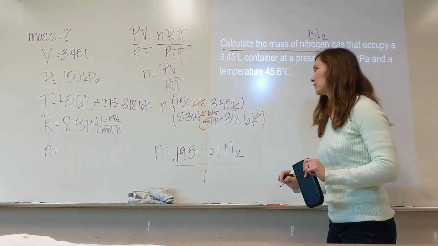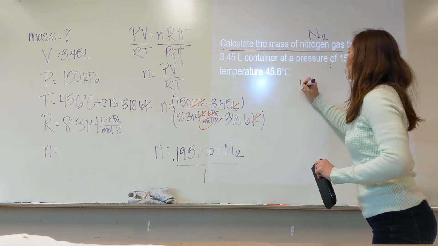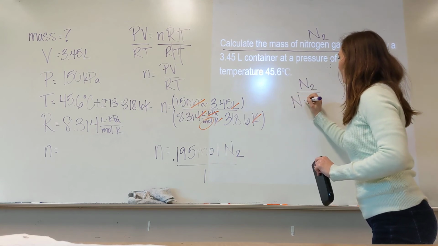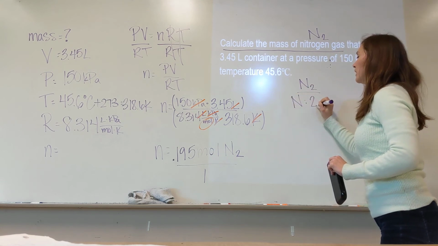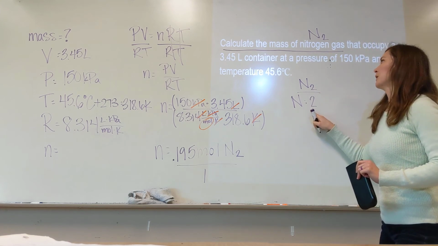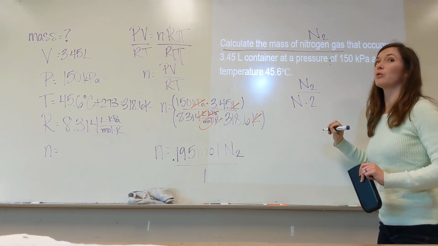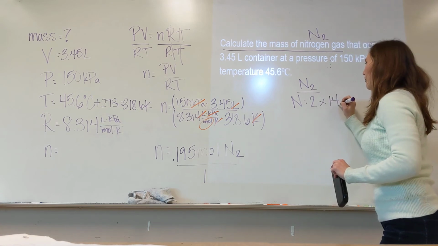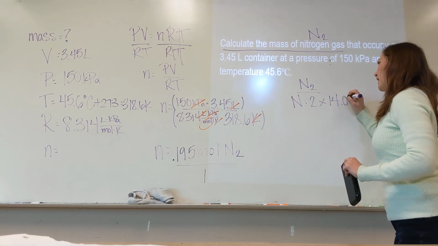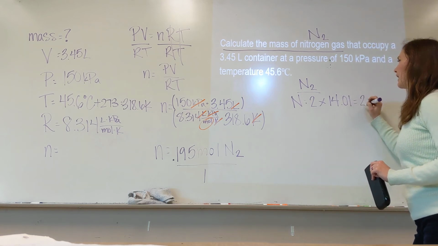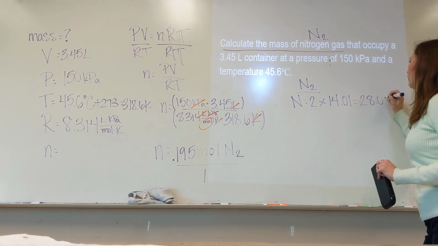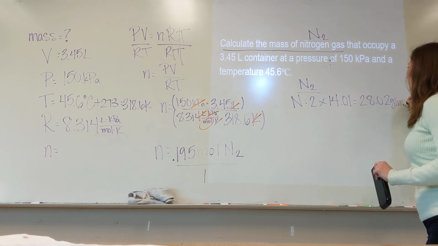That 1 is just a placeholder. I have 2 nitrogen atoms for every 1 molecule of nitrogen, so I multiply by the molar mass. From the periodic table, I get 28.02 grams per mole.